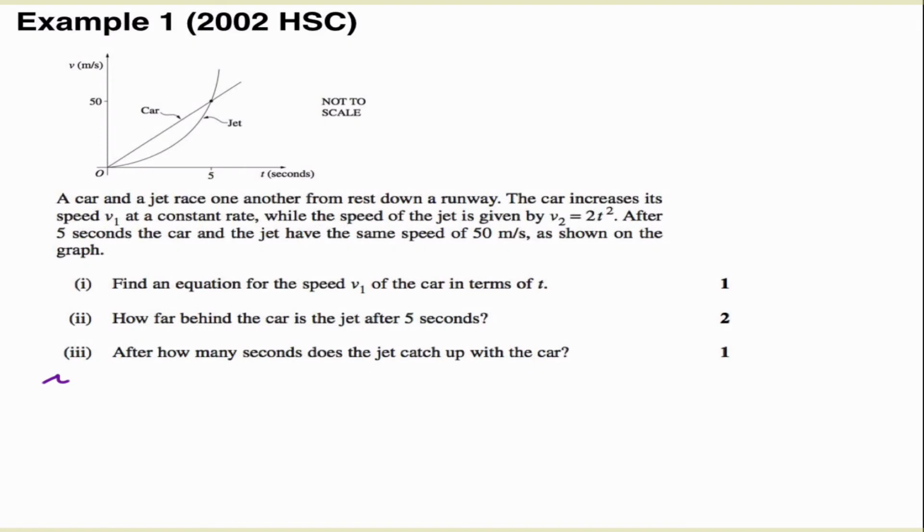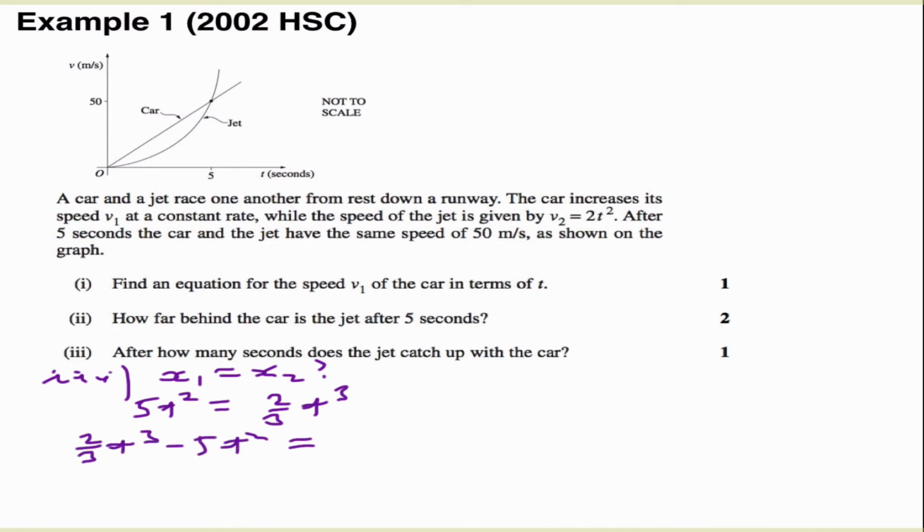For part 3, we're wanting to know when does x1 equal x2. Solve that for time. So we've got 5t squared is equal to 2/3 t cubed, or 2/3 t cubed minus 5t squared is equal to 0. Take out a common factor of t squared, and we get t squared times (2/3 t minus 5) equal to 0.